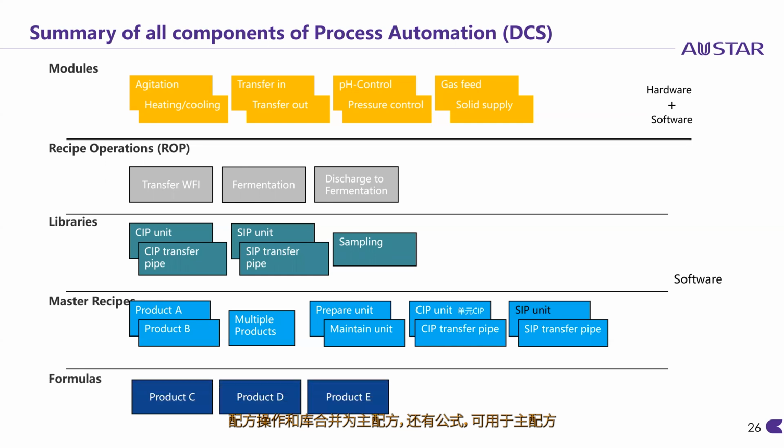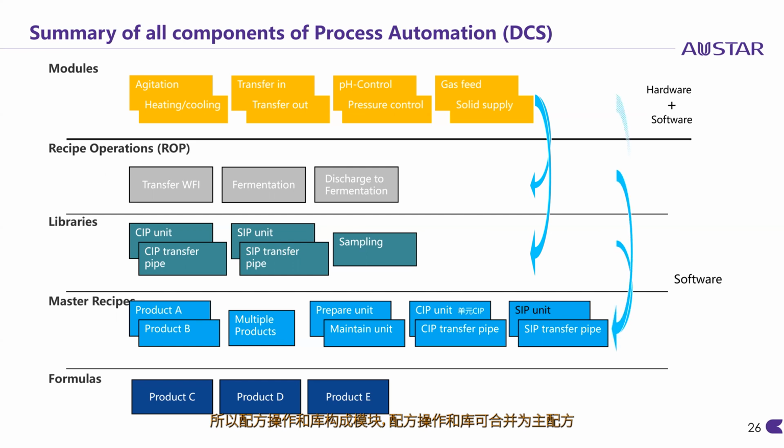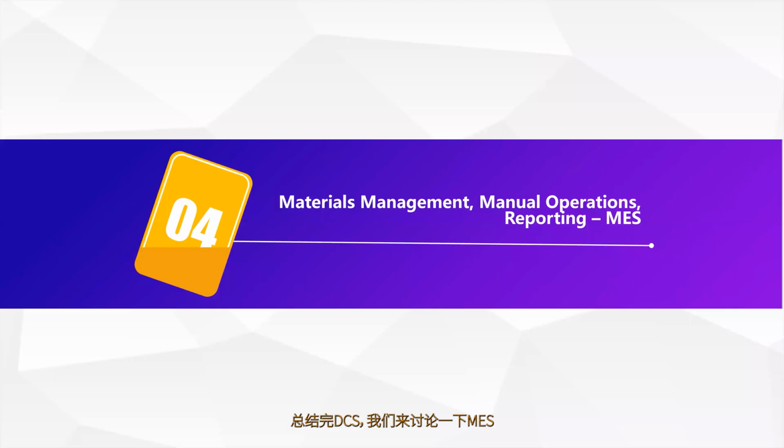And what we also have are so-called formulas, sets of values that we can then apply to the master recipes. So the recipe operations and libraries are built of modules, and the master recipes are built of recipe operations and libraries. Now, this concludes the DCS part, and I would like to move to MES.